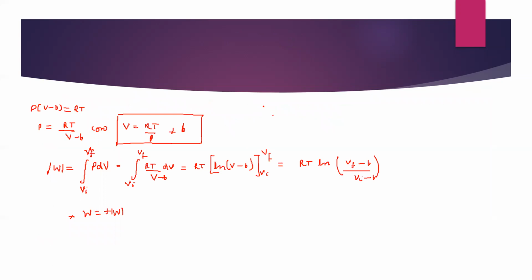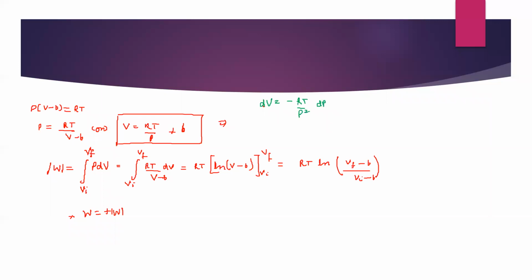Now we could have done this problem in this way. This is not a part of the question, I'm just telling, in case we had been given pressures. In that case, we would have taken dV. So dV is equal to minus RT by P square dP.